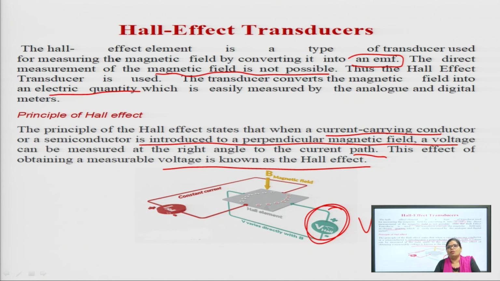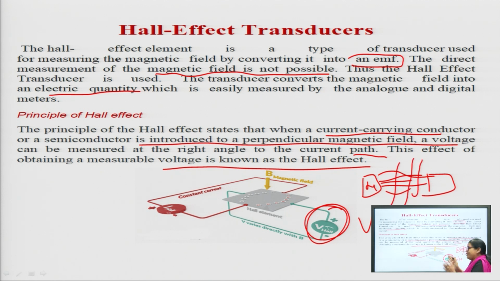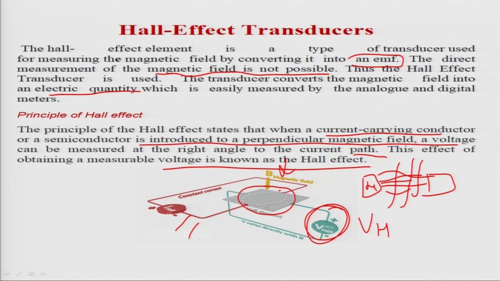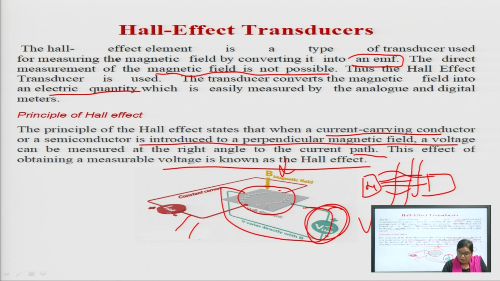In between we can consider the Lorentz law also: when we create a magnetic field, this is the north pole and this is the south pole, and a force is applied so the lines are diverted. We consider how the force gets diverted. The second is Fleming's left hand rule. We are not discussing the Lorentz law and Fleming's rule in detail, but we consider them in the Hall Effect principle, where we use them. Briefly, this is the Hall element. Here we apply the magnetic field, there is charge, and a voltage is generated. That voltage is known as the Hall Effect voltage.